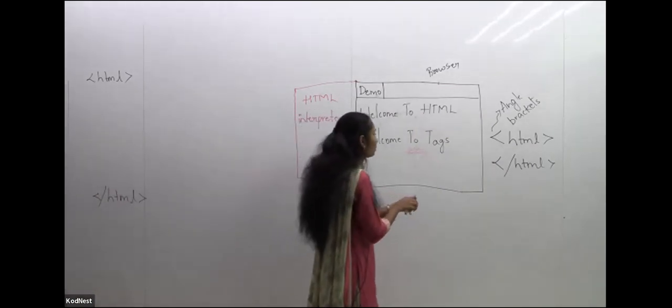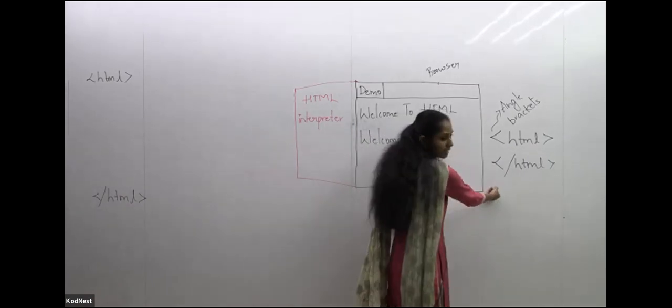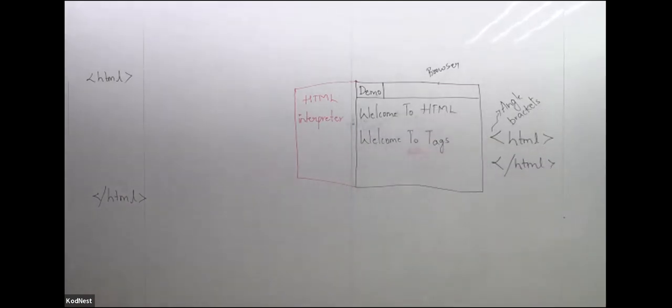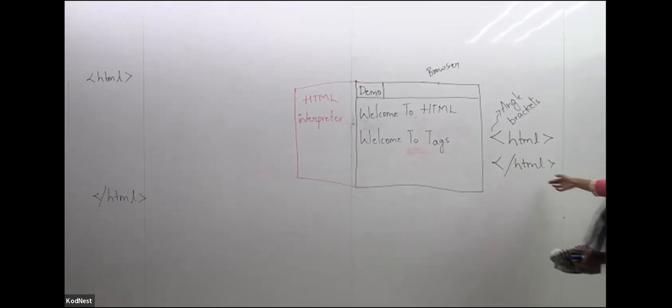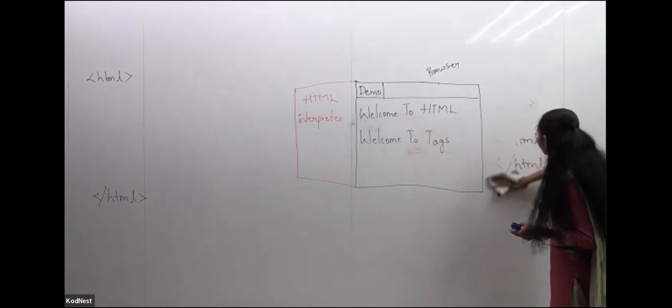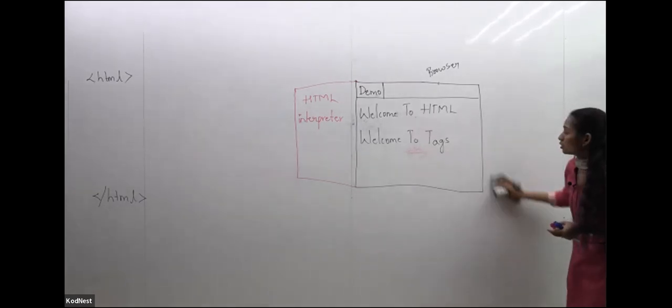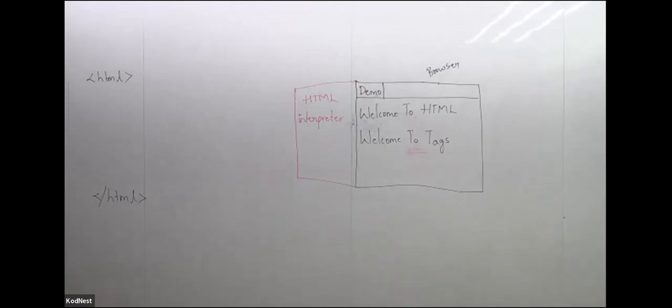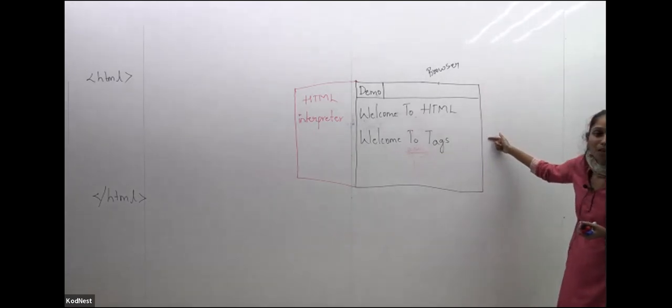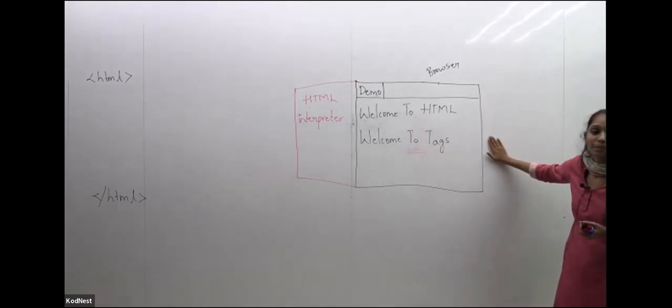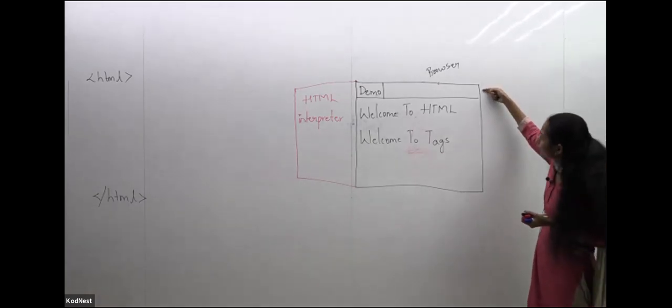If you observe the output very carefully, I have to start from here. Why?